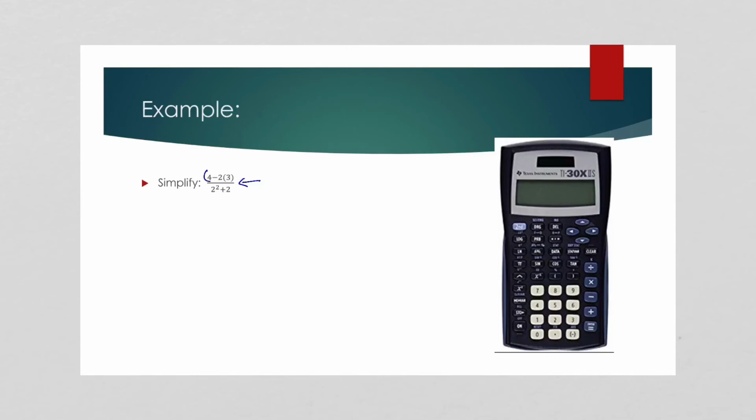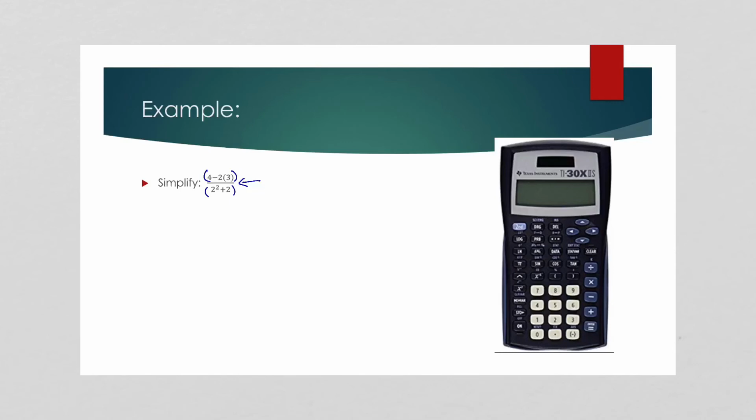So that's just like having parentheses there and there. You don't usually see them written, but they are understood to be there. So you want to reduce what you can in the numerator, reduce what you can in the denominator by following the order of operations. So the numerator, I would do this part first, right here, this 2 times 3.